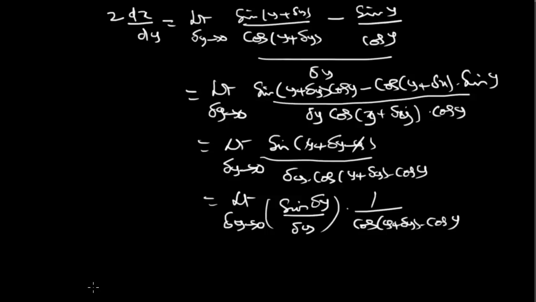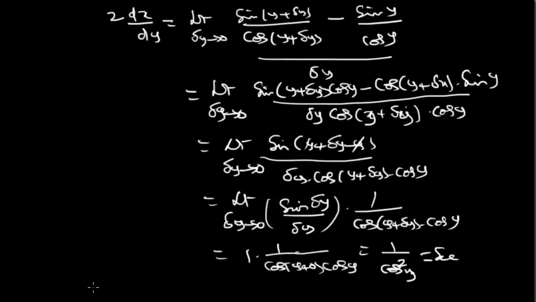Now this sin delta y by delta y becomes automatically 1, and the rest is 1 by cos y into cos y, or 1 by cos squared y, and that is nothing but secant squared y. Secant squared y is 1 plus tan squared y, which is 1 plus 2x whole squared.